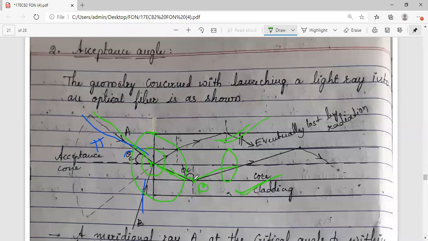So it is hitting the internal core surface. Here, whatever refraction occurs, when it touches point B, total internal reflection is happening with the critical angle. Okay, same angles. So this is all happening inside the core.